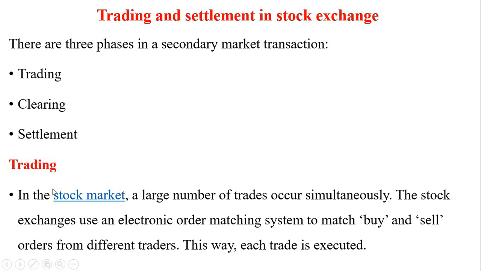In trading in the stock market, a large number of traders occur simultaneously. The stock exchanges use an electronic order matching system to match buy and sell orders from different traders. This way, each trade is executed.